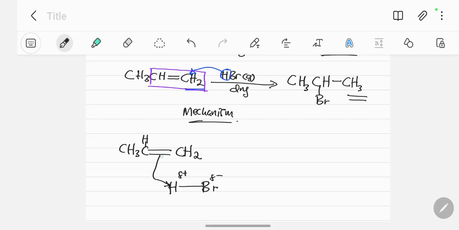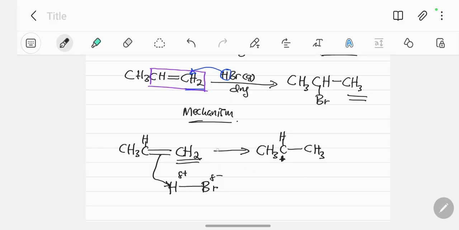So as these electrons are being withdrawn, we attack using our double bond. Now as we attack the hydrogen, that hydrogen is going to be added to that last carbon atom with 2 hydrogens, and I remain with a positive charge.